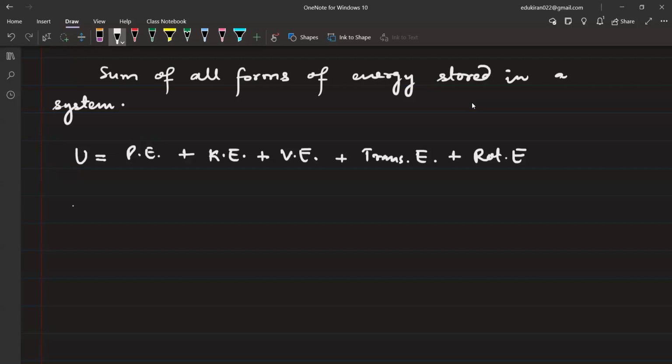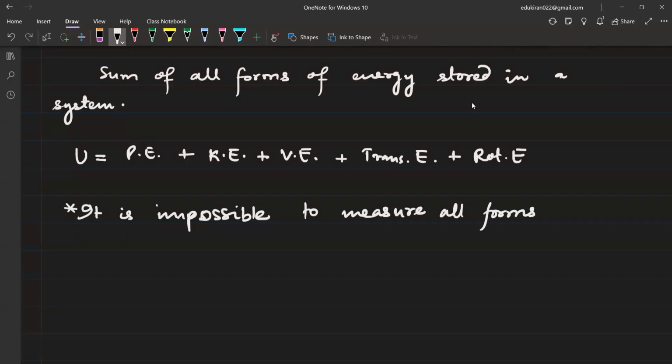Please write here. It is impossible to measure all forms of energy.